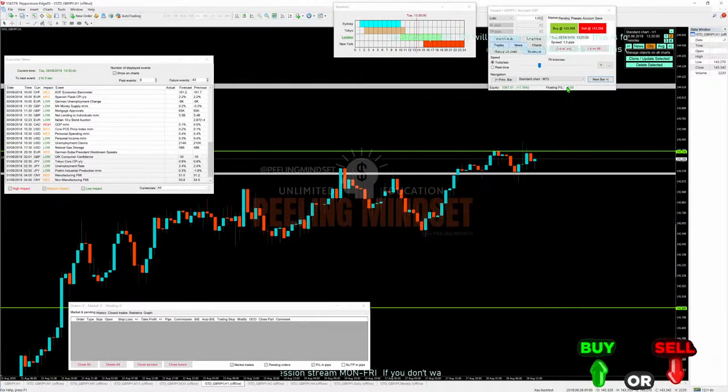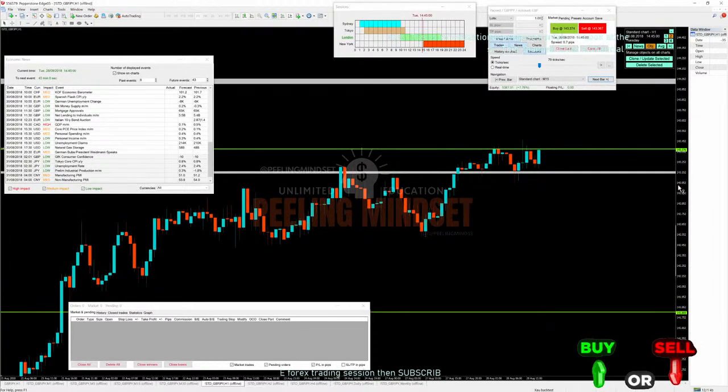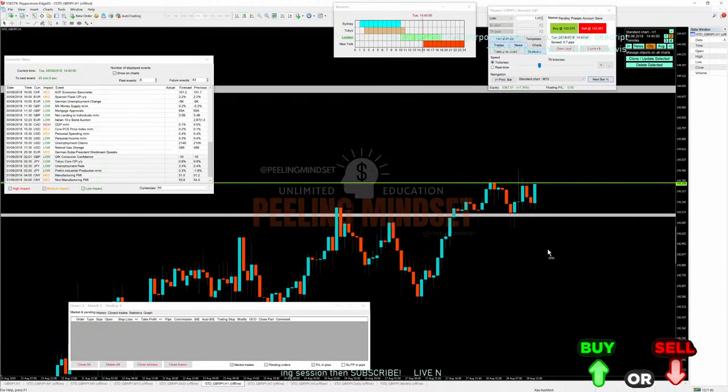Let's see. Still rangy, fast forward. Now we are slowly getting closer to 143.375 at this point in time. So let's see how the candles are going to close here.